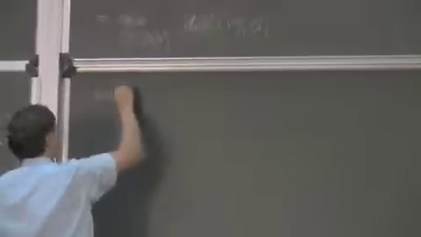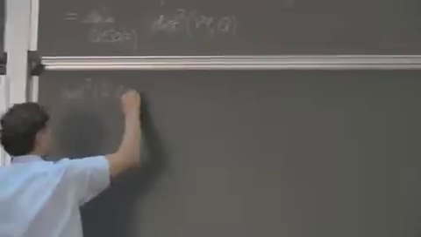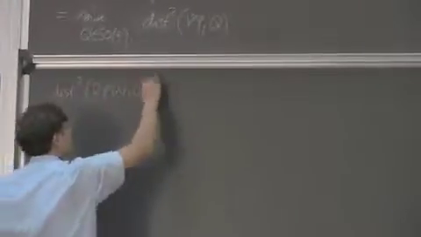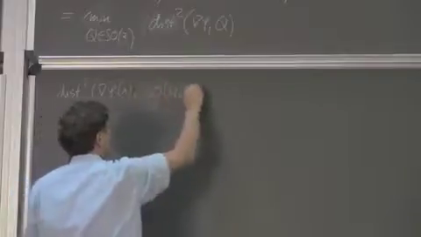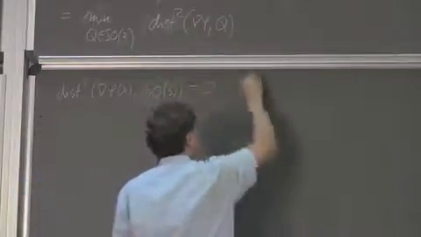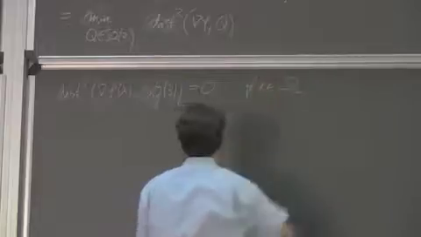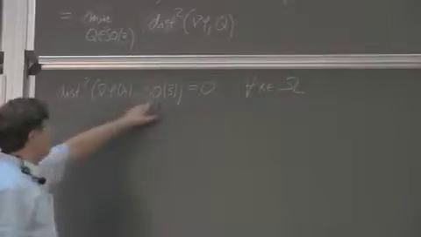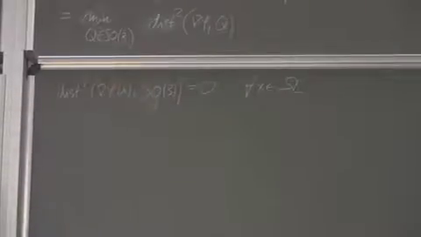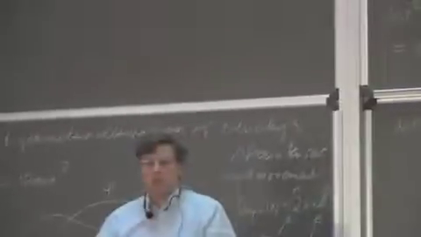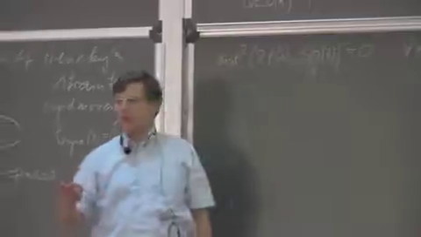If I know that the distance of gradient phi of x to SO3 is equal to 0 for all x in omega, which doesn't tell you which rotation you have to take. In each point you could have another rotation making the distance 0. You don't know yet. But we will see in a moment that the situation is much simpler.